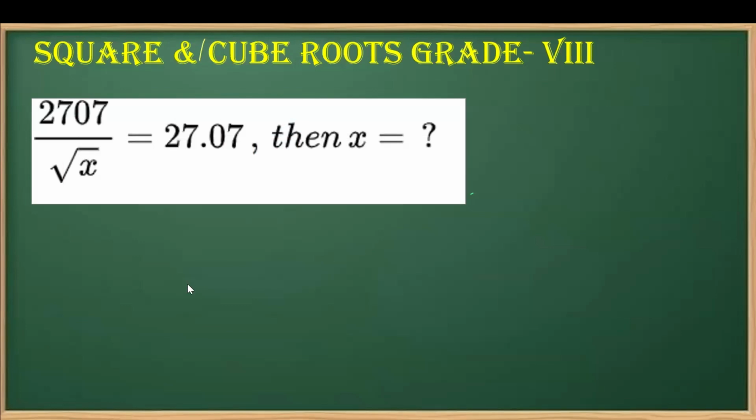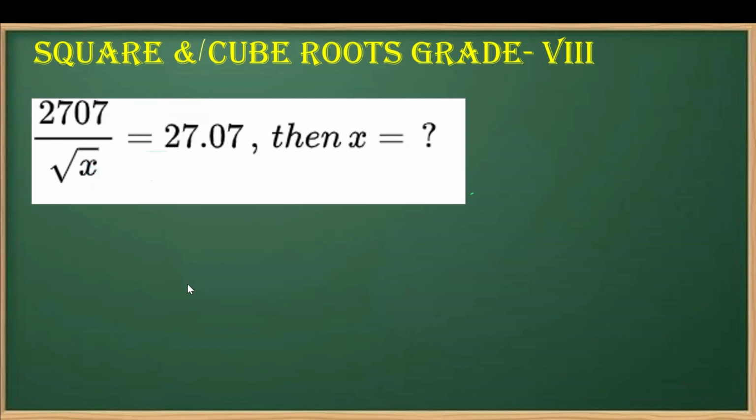Now in this question, we are given 2707 over under root x is equal to 27.07. Then what is the value of x? So what we need to do over here is to first shuffle this number. That means I'm going to bring this to the right hand side and this to the left hand side.